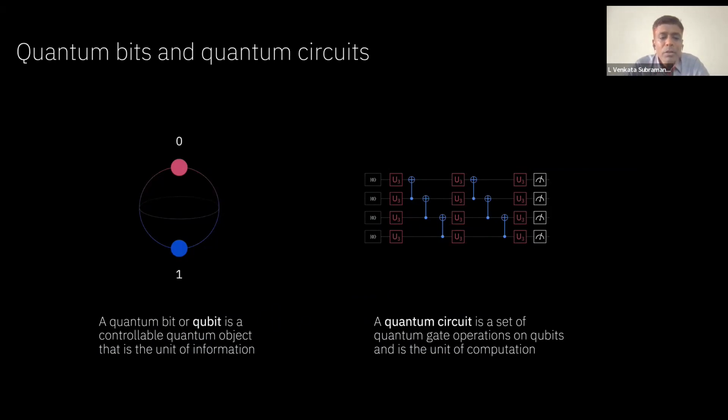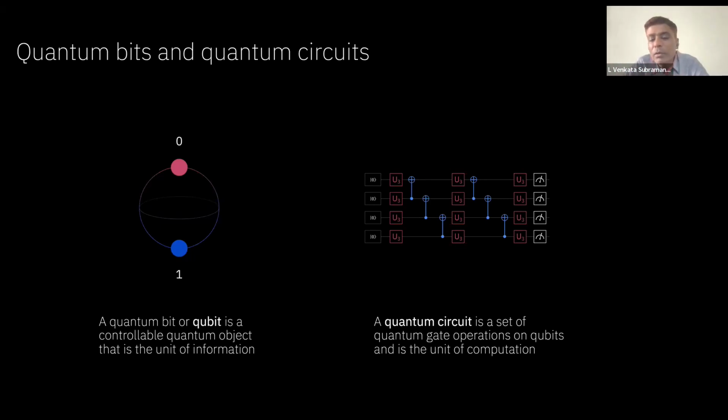But the basics. I saw in that word cloud, a lot of you seem to already know this, so I'm not going to spend much time on it. The basic unit of information on a quantum computer is the qubit, which is different from the bit on the classical computer.